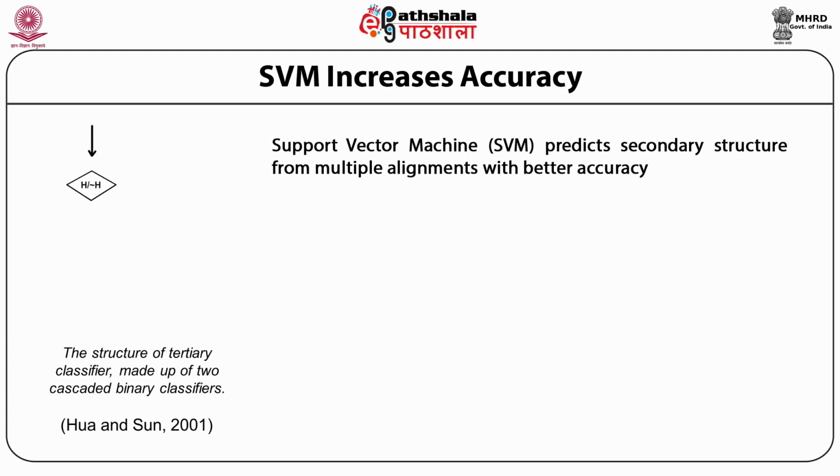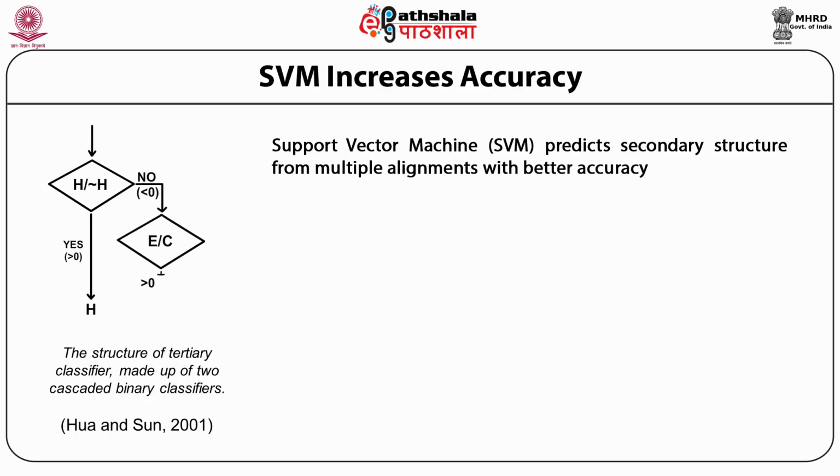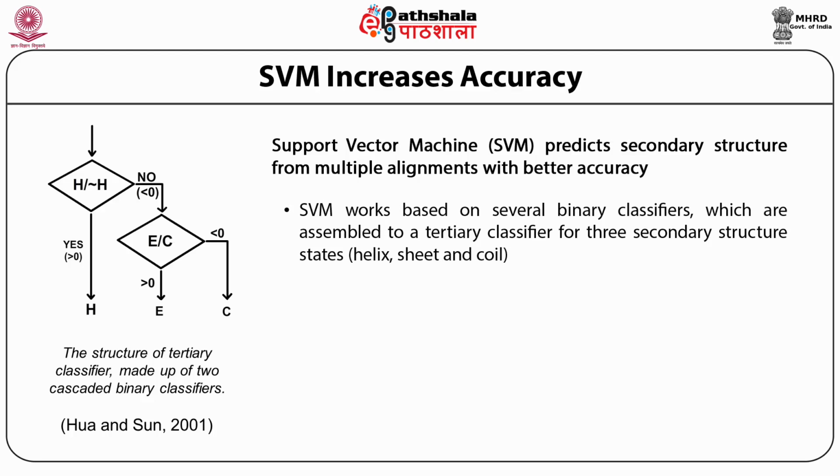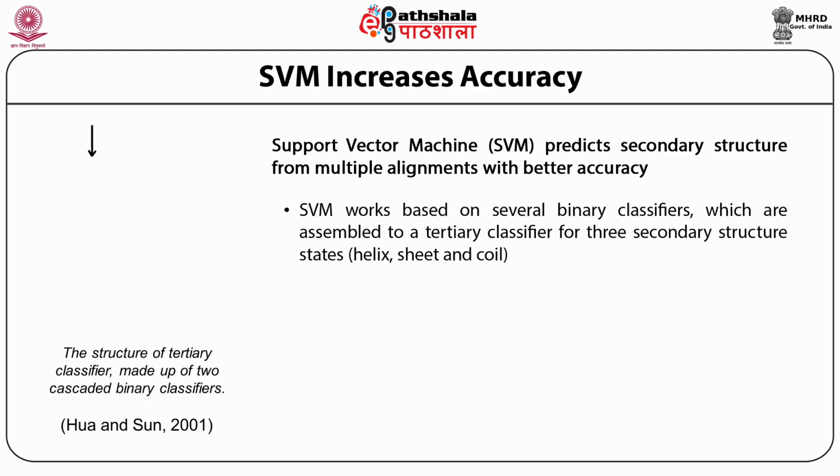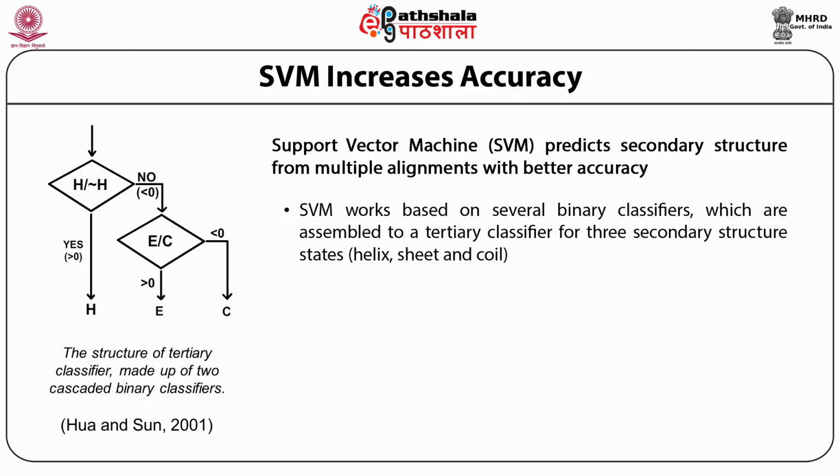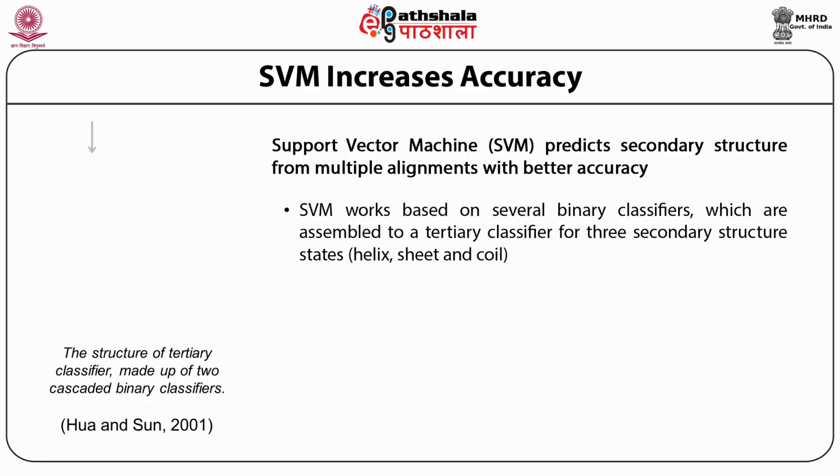Support vector machine represents a new approach for supervised pattern classification used to predict the secondary structure from multiple alignments with better accuracy. It works based on the construction of several binary classifiers and then the assembly of a tertiary classifier for three secondary structure states: helix, sheet and coil, based on these binary classifiers. Here you can see the structure of one of the tertiary classifiers made up of two cascaded binary classifiers.